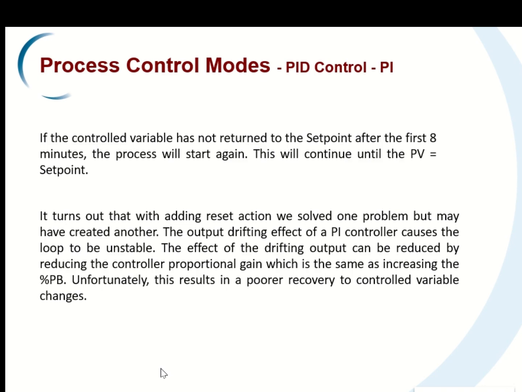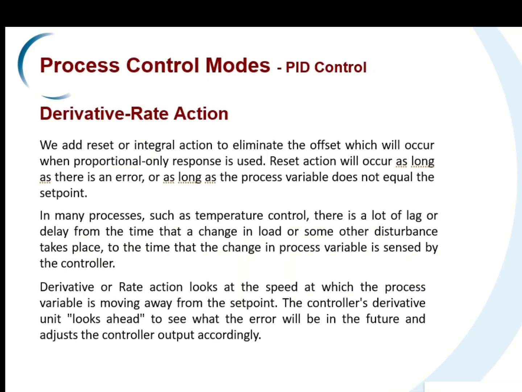The effect of drifting output can be reduced by reducing the controller proportional gain, which is the same as increasing the percentage PB. Unfortunately, this results in a poor recovery to the control variable changes.